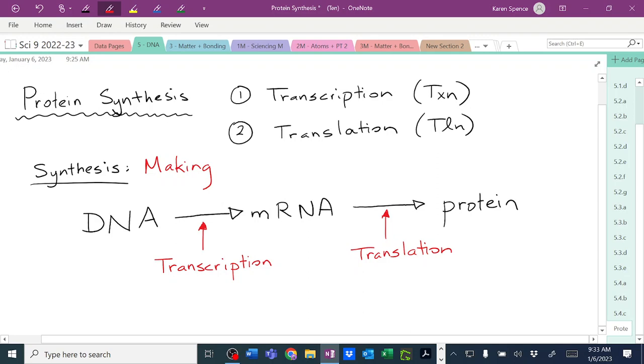Yeah, transcription is making a copy just in RNA form, and translation is taking that code, the three-letter code, and turning those into a string and moving on.